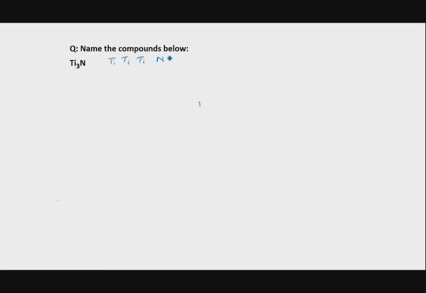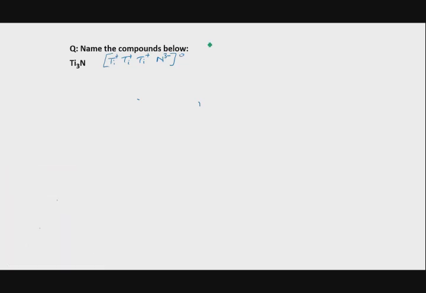Exactly, nitrogen is in group 5A, so the charge will be 3 minus. If that is 3 minus, what will be the charge on each titanium ion? It will have to be plus 1, because if each titanium ion is plus 1, then the overall charge of the formula unit becomes 0. So now we are ready to name this compound.